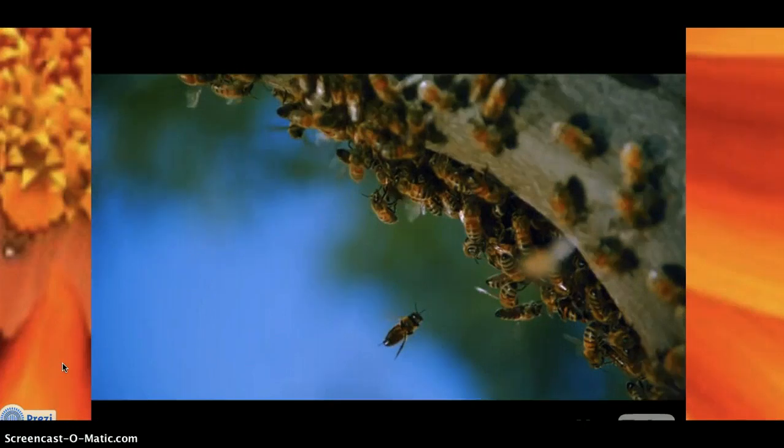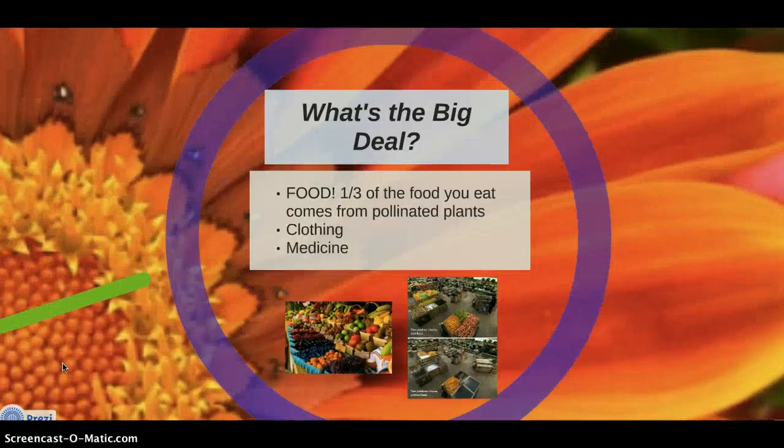Pretty impressive, huh? But why should we care about pollination? I mean, what is the big deal? Well, the biggest reason is that 1/3 of all the food we eat comes from pollinated plants, and most of those plants are pollinated by bees.